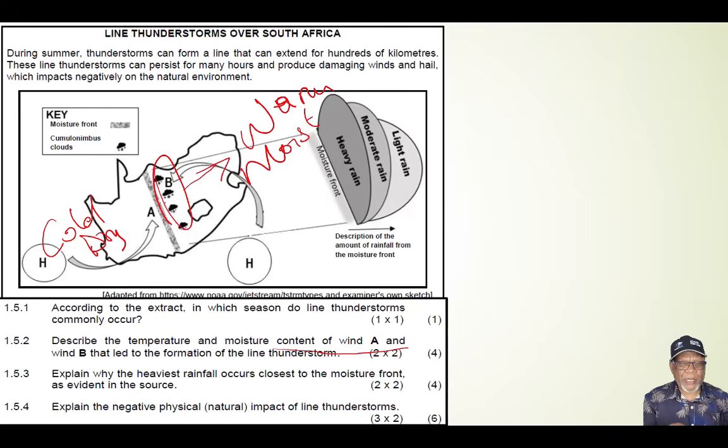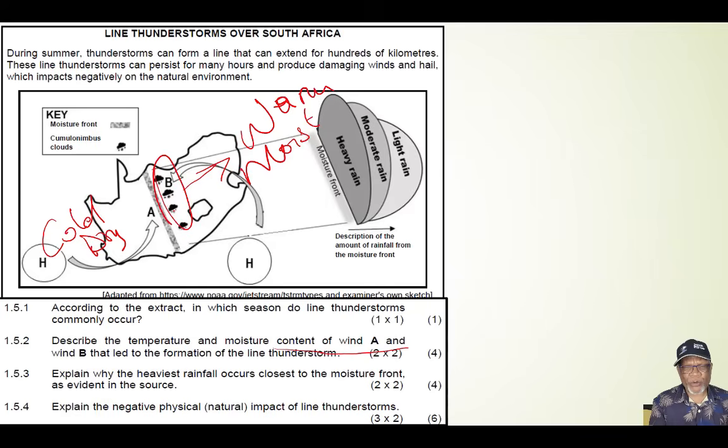It is because this part over here is closer to the moisture. Even if somebody stays closer to the heater and somebody moves further away from the heater, which of the two people will experience higher temperatures? The one who is closer.